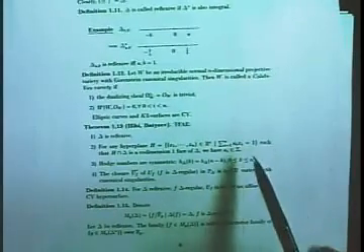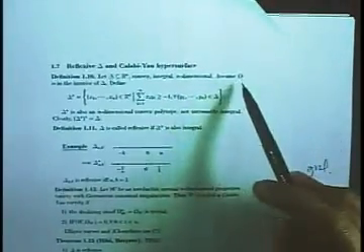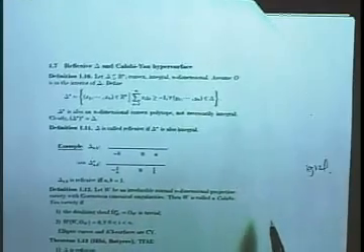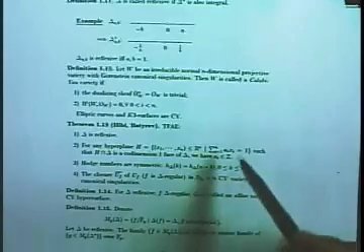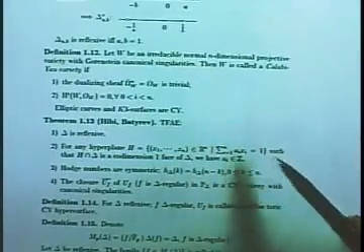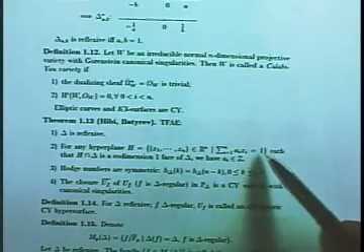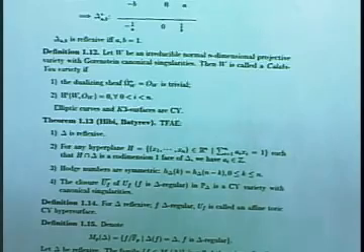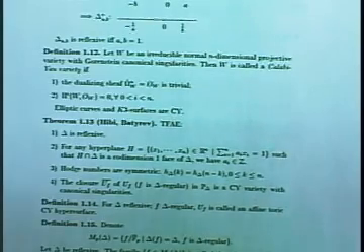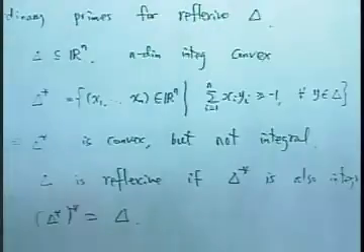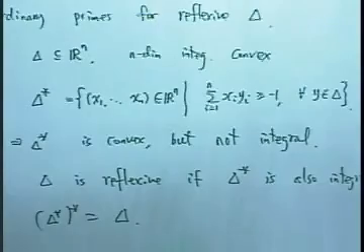Let's just assume the origin is in the interior of delta. So reflexive means for each codimension 1 face, the equation is just a linear equation of this form. If you set the right side to be 1, the coefficients on the left side will be just integers instead of rational numbers. So that is a criterion to determine whether it's reflexive or not. All right?